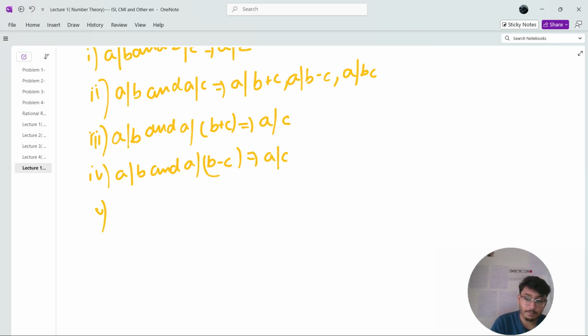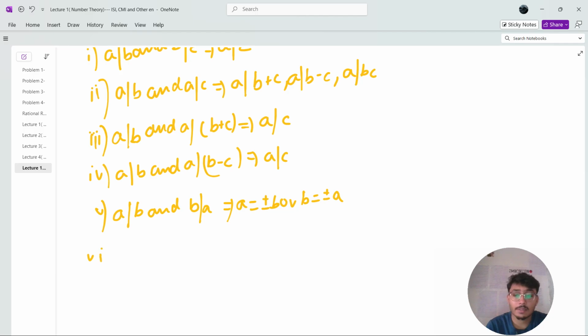Then comes the next one. If A divides B and B also divides A, then A is equal to plus or minus B, or B is equal to plus or minus A. Next comes number 6.